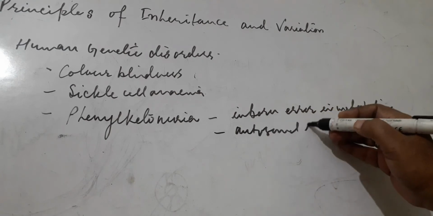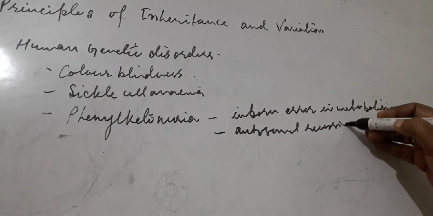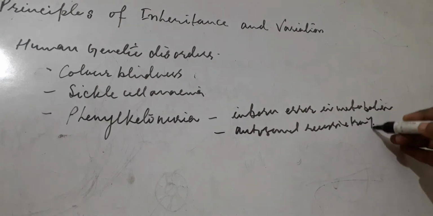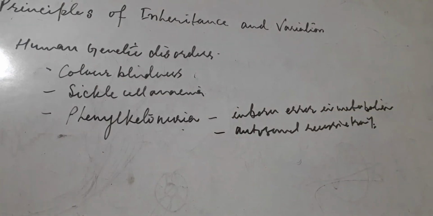Autosomal recessive trait. In phenylketonuria, what happened?